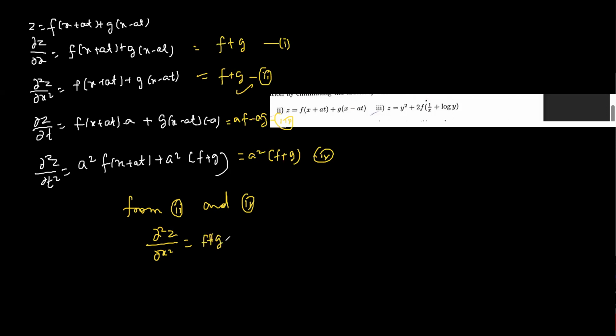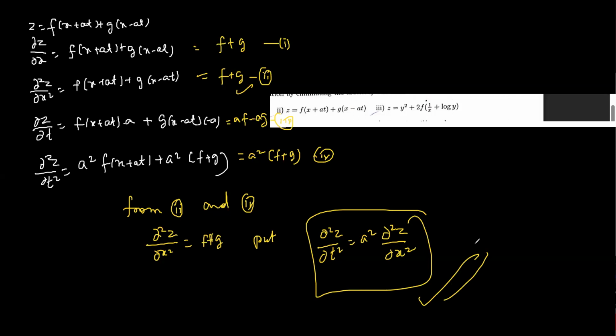Put this f plus g in the fourth equation. So when you put it in the fourth equation, what will you get? Del square z by del t square is equal to a square del square z upon del x square. This is your final answer. Understood? You can go through it once. Then I will tell the third one.